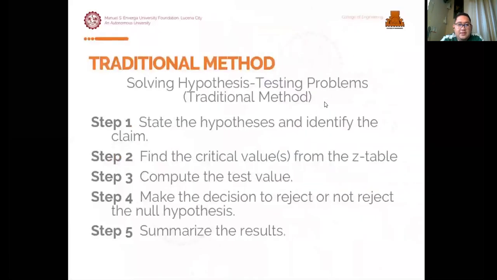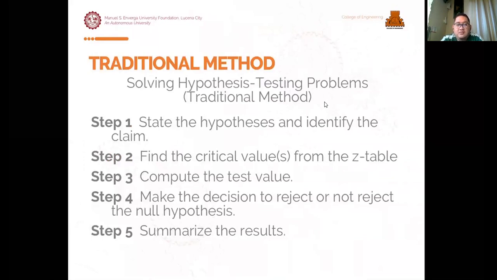Okay? So in traditional method, ito yung steps in solving yung hypothesis testing using this technique. Yung first one, state natin yung hypothesis natin and then identify natin kung ano yung kiniklaim dun sa mismong problem natin. Okay? So, laging may claim na statement yung mismong problem natin.